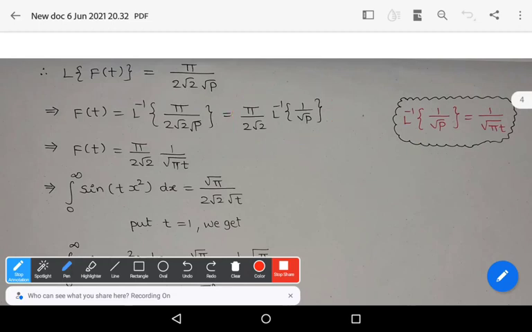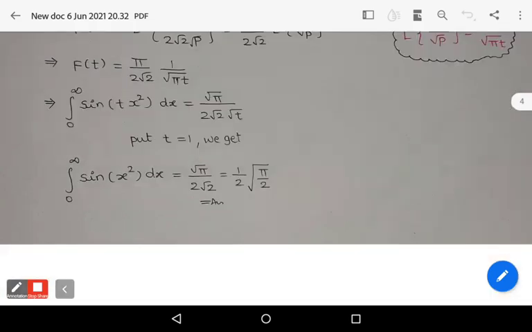By applying that formula, we get f of t is equal to pi by 2 root 2 into square root of pi t. And what is f of t? F of t is nothing but the integral from 0 to infinity of sin of t x square dx, which is equal to root pi divided by 2 root 2 root t. Here we have root pi, here we have pi, so pi by root pi gives root pi.